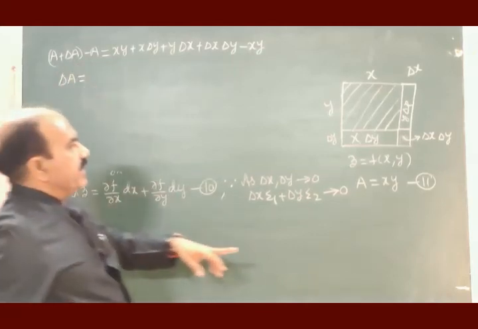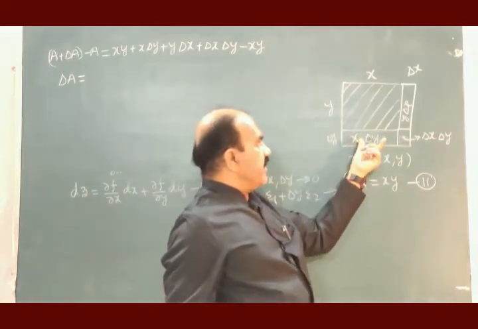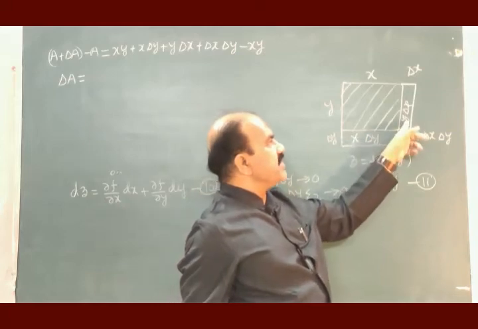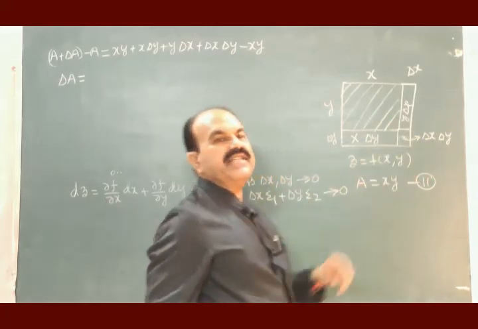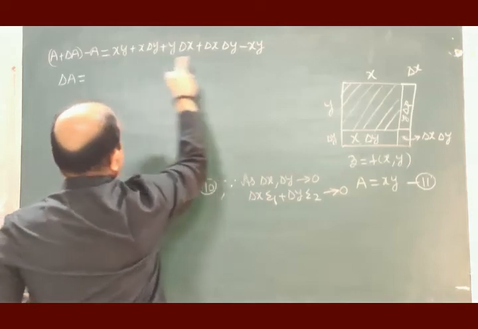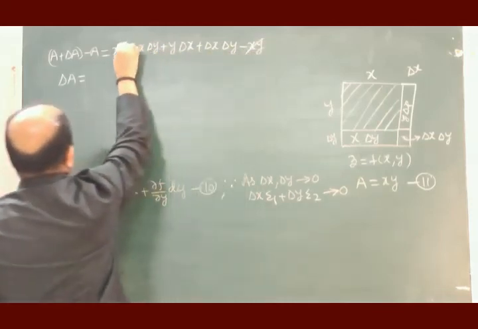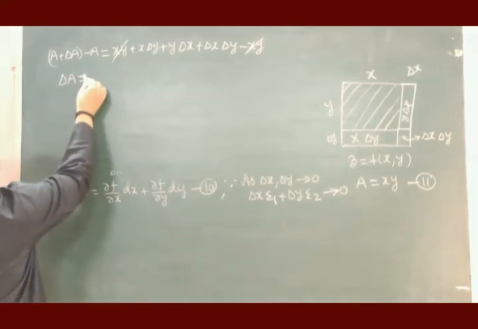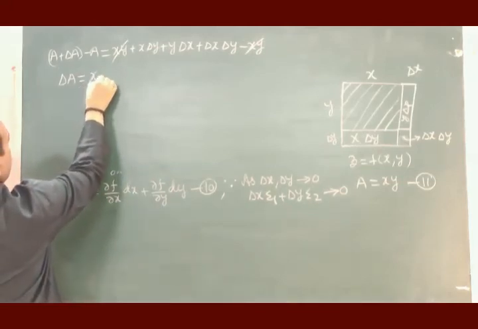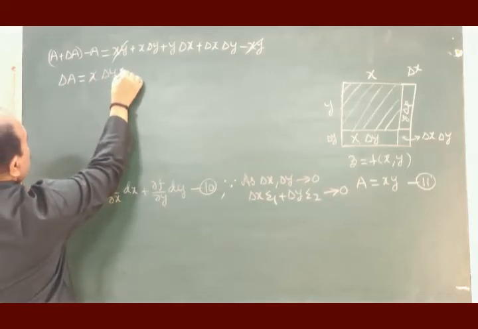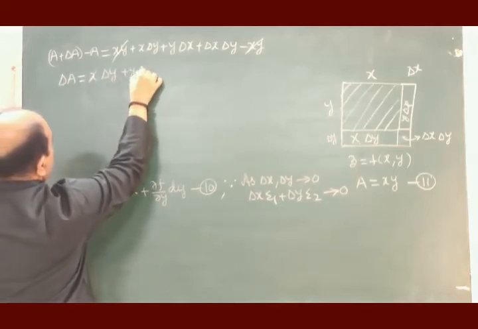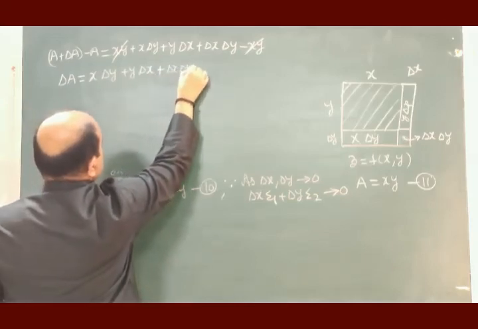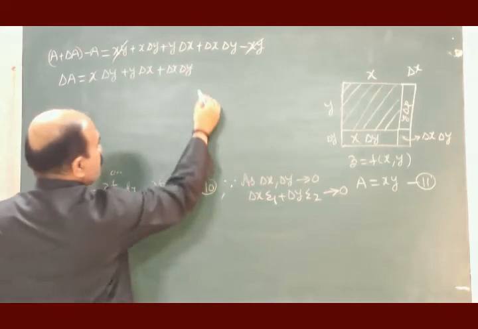A is this xy. So, this minus xy, plus xy get cancelled, and the actual value of delta A will be x delta y plus y delta x plus delta x delta y, equation number 12.